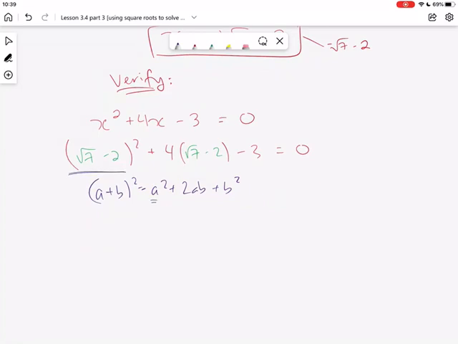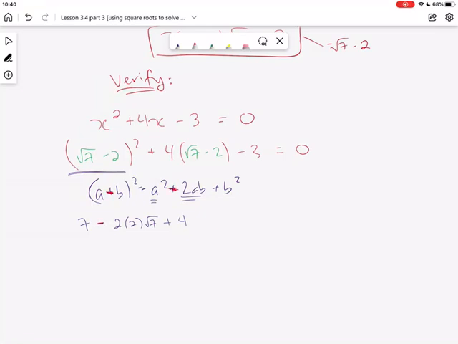That means that I'm going to have root 7 squared. That'll be like a squared. That's just going to be 7. Then I'm going to have 2 times 2 times root 7. And then I'm going to have negative 2 squared, which will give me plus 2 squared, which is just 4. Now I made a small error here because this is supposed to be a negative sign.